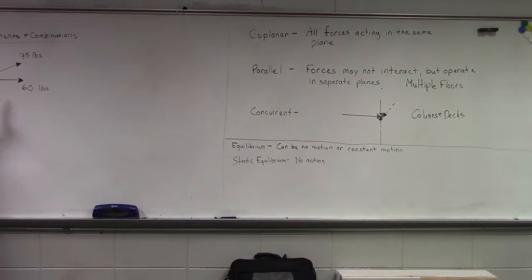Let's say that we're setting up a crane, okay? And the crane has to be able to pull two different components. Using a crane isn't a very good example. We have 60 pounds running along our floor, and then because of wind resistance, we need a 75-pound load set into this angle. We'll assume that it's about 30 degrees.